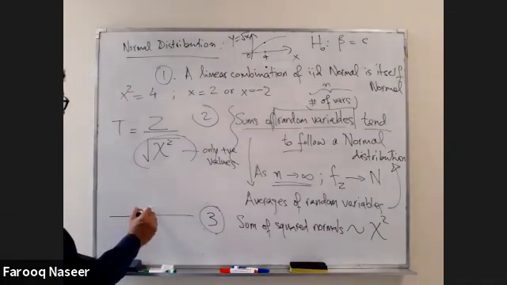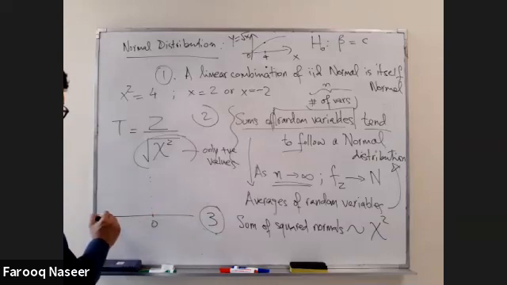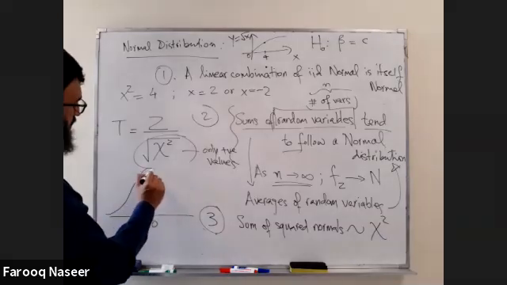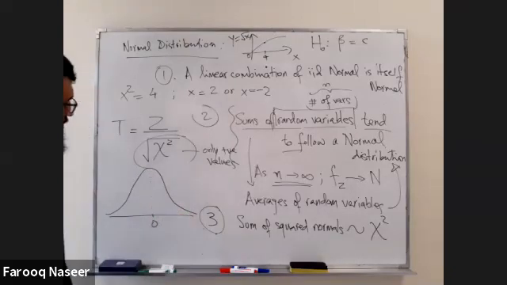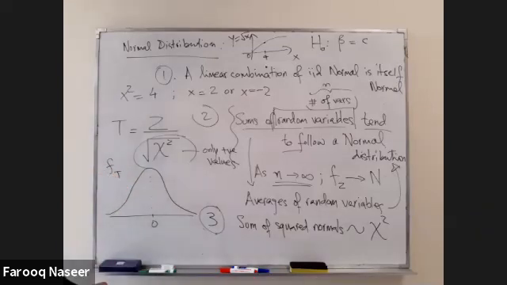Meaning standard normal density, which means centered at 0, a bell shape symmetric around 0, right? So that's how the density function of a t random variable looks like. That's what a t distribution is.